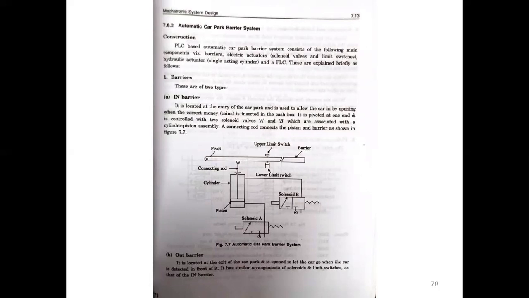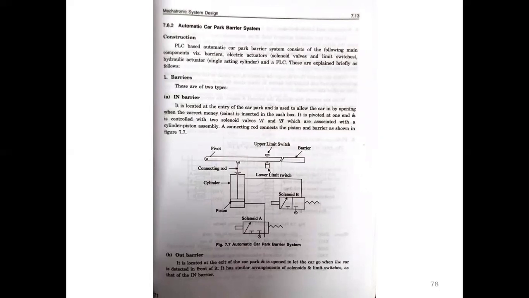If you go to some other lane, it will be protected by some other barriers. If a car parking system has 8 lanes, the total lanes will be connected to a common PLC controller. That means all the actuators, that is the motors, are connected to a common PLC.